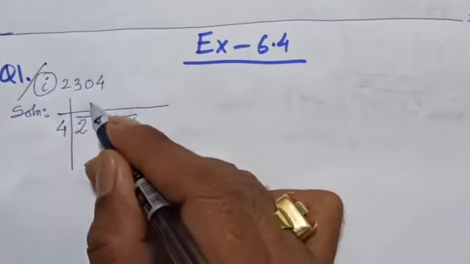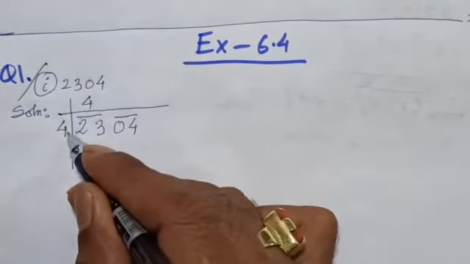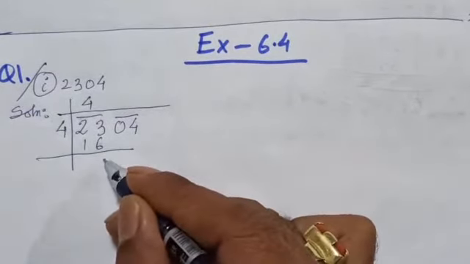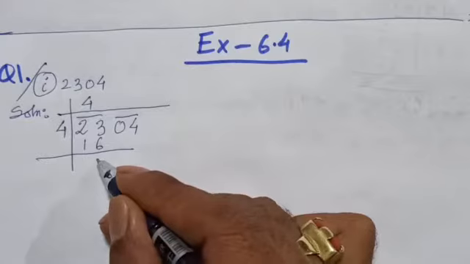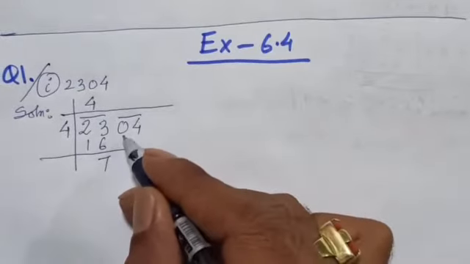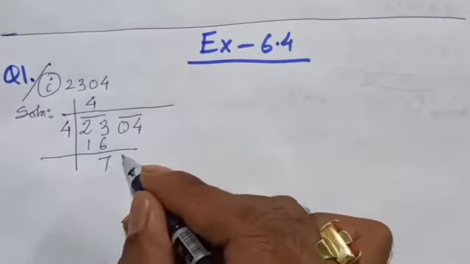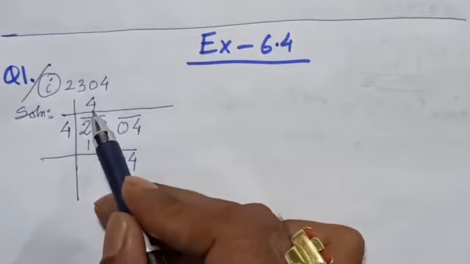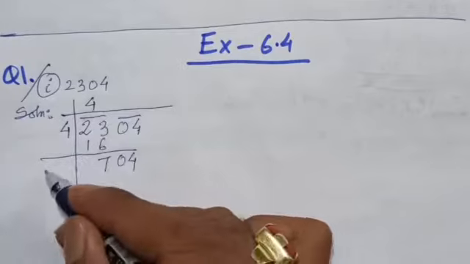So 4 fours are 16. If we subtract, we get 7. Next is 0. Now this 0 and this 4 we will keep here. Then according to the rule, this 4 will be multiplied by 2. 2 fours are 8.